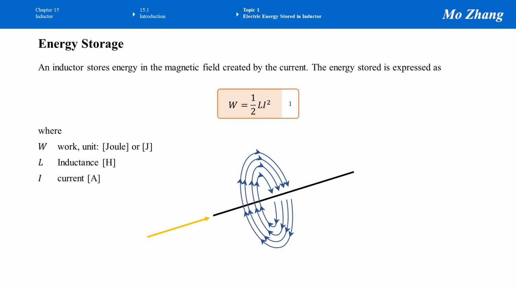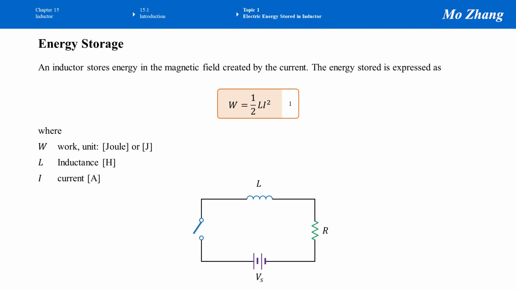The formula shows the energy stored in the inductor depends a lot on the current that passes through this inductor. Inductance plays an important role, but current is more important. The work has a unit of joule. The unit of inductance is Henry, and the unit of current is amps, ampere.